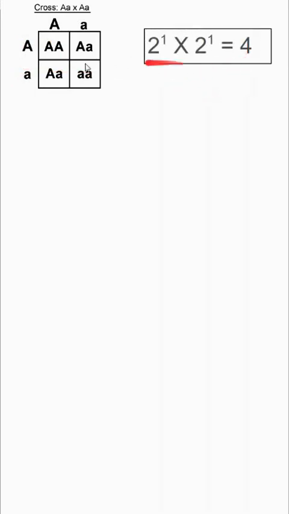Another way to think about this: if we're talking about one trait on one chromosome, that would be 4 possible. When we think about Punnett squares, the outside are the possible gametes, the inside are the possible zygotes. So there are 4 possible zygotes that can be created from a single chromosome.